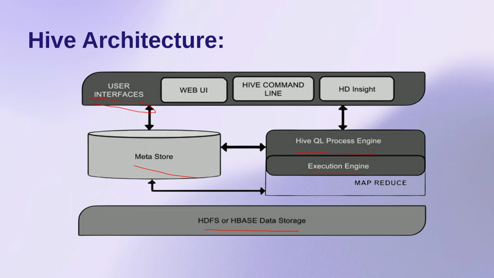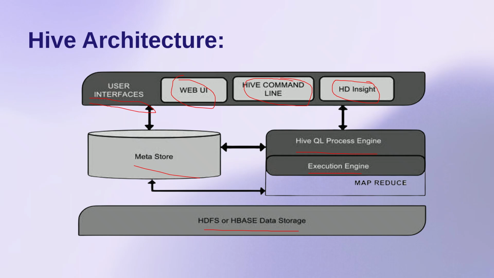The user interface helps us to interact with Hive. We have three main ways through which the user can interact. First is the web UI, through which the user can directly interact. Then we have the Hive command line, and finally an application that is HD Insight.